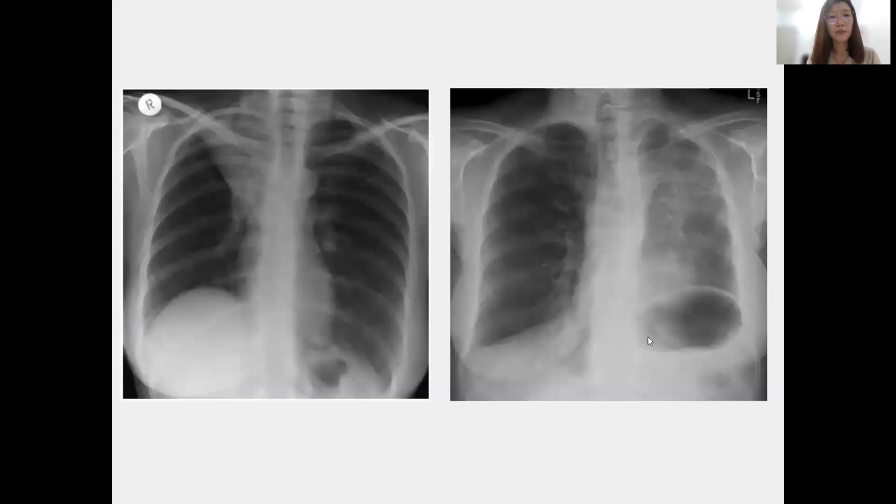Okay, so I'll ask some questions. How to get the participants to answer? You ask a question and then they will answer in the chat. Answer in the chat. Okay. So please type the answer for this X-ray and also this X-ray.